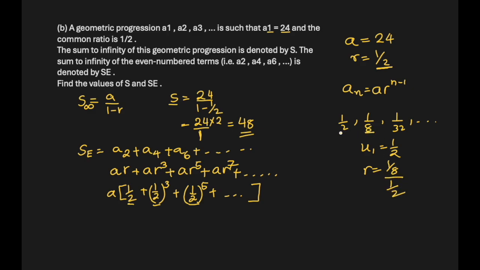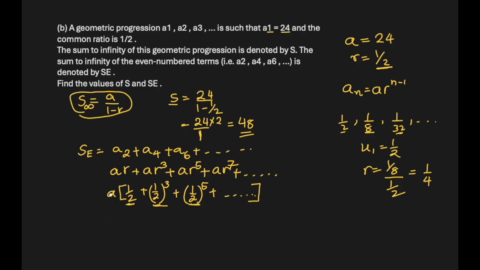This term divided by this, or this term divided by this, will give you the same r, which will be 1 over 4. If you put this in a calculator, you will understand it is 1 over 4, right? And now since they are adding till infinity, we'll use exactly the same formula for them as well.